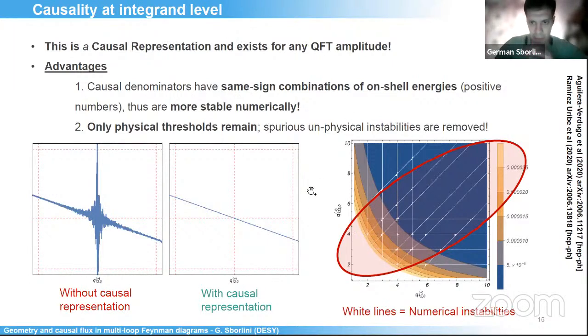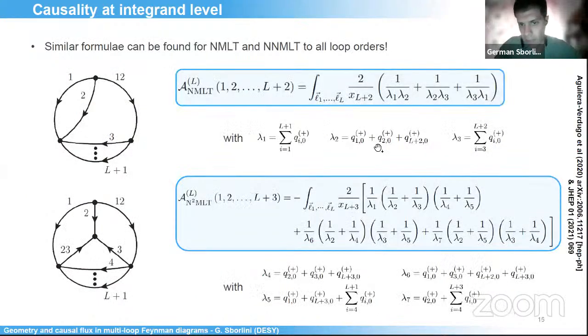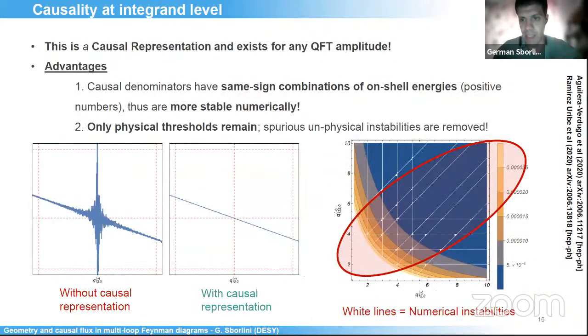And just to see an example of the importance of dealing with this causal representation, here on the left plot we see the dual representation without the causal representation, I mean without using the lambdas. If we keep in the description terms that contain non-aligned contributions, that is, instead of having these lambdas, we could have something involving q_i,0 minus q_j,0, which could eventually vanish at integrand level.